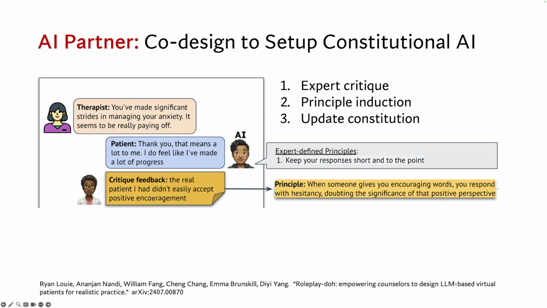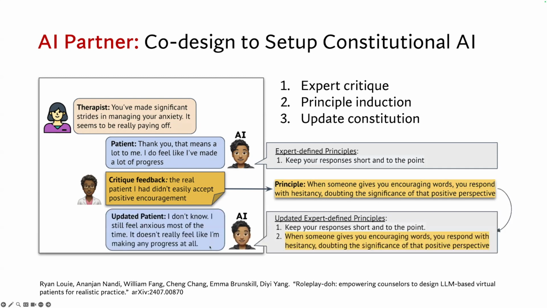Those critiques might mention that the real patient I had didn't easily accept positive encouragement. Based on that feedback, we induce a set of principles. Those principles are then integrated into our constitutional framework, so that every time the AI patient tries to output something, it goes back to our constitution and checks whether the response aligns with the constitution. In this way, we create more realistic AI patients compared to what we had before.